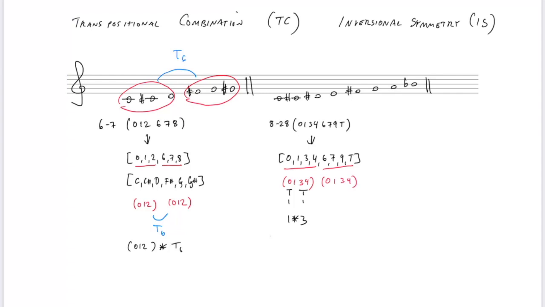So we have this cluster right here, and this one right here. And those are connected by T6 as well. So we have T6 right here. And that's also audible. If you listen to it right now, here we go.